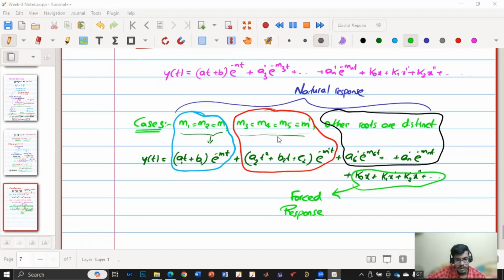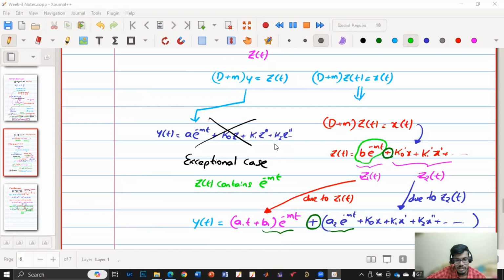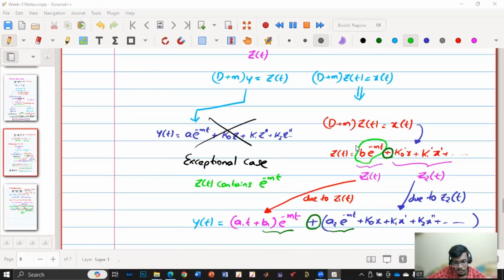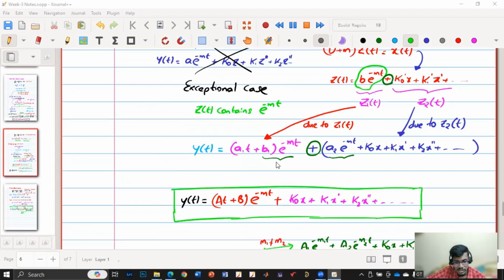So yeah, one very good question one student has asked: Naveen sir, why does only the natural response change and always not the forced response? Because if we see from here, in this case our natural response contains e to the power minus m t, and because of that this part is changing, and my forced response is not contributing to my exceptional case, and so it remains the same.